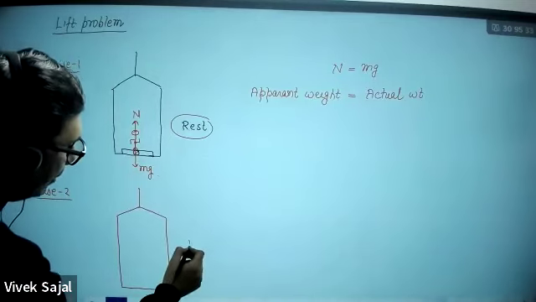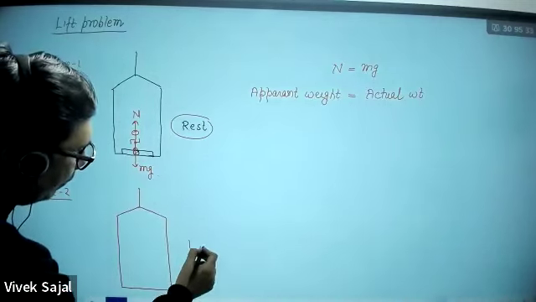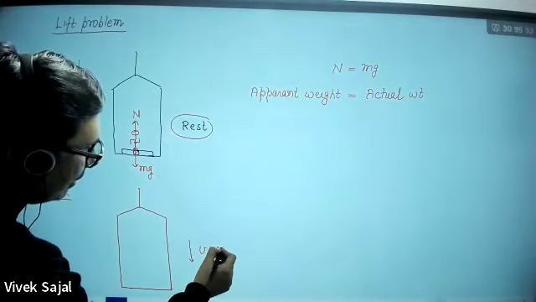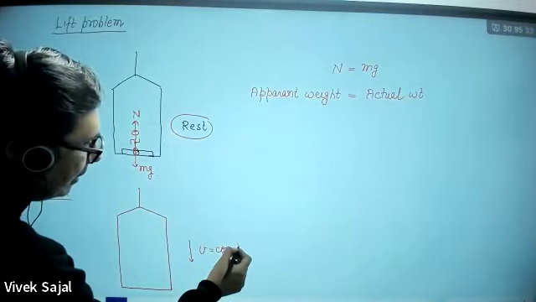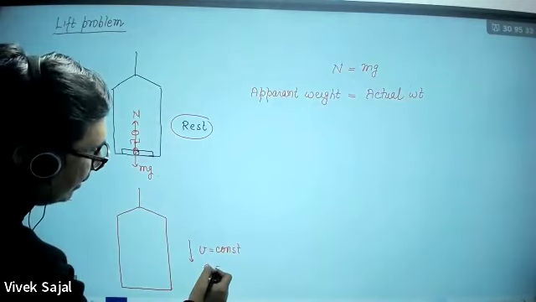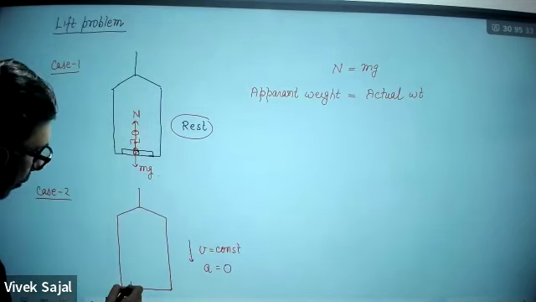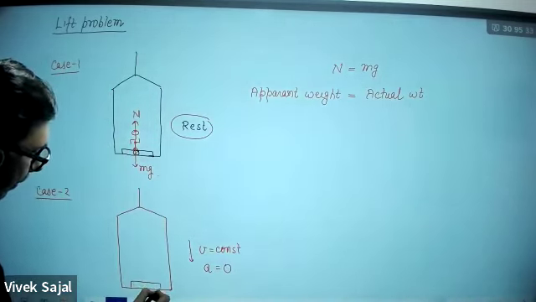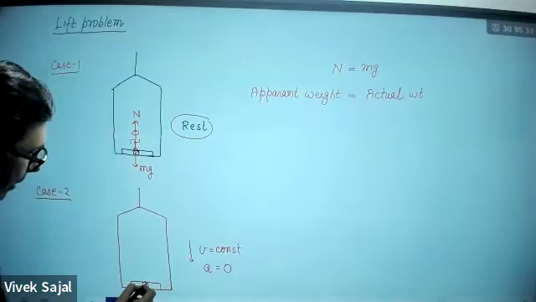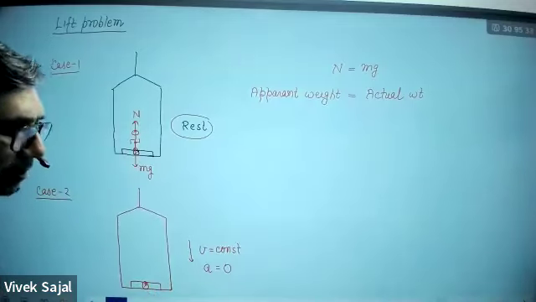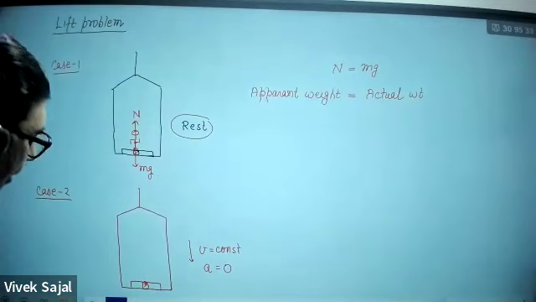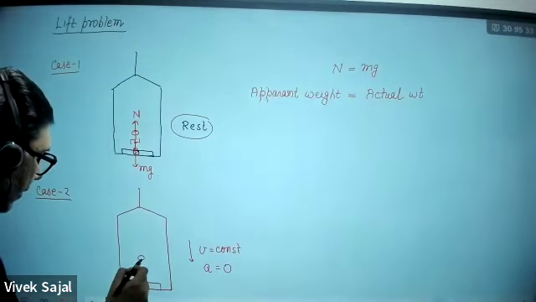Here V is constant. If V is constant, then what will be the acceleration? The acceleration will be 0. Here you have a weighing machine. What will be the weight that you observe on the weighing machine here? A person is standing.